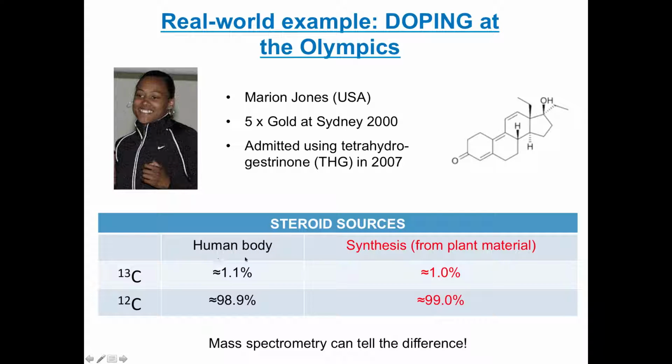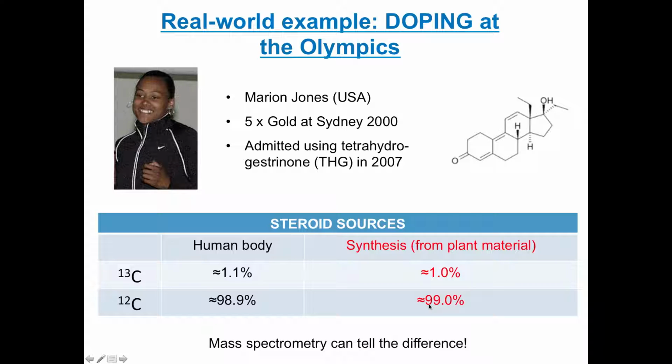It turns out that in the human body, we naturally produce steroids like this. And the steroids that we make naturally contain about 98.9% carbon-12 and 1.1% carbon-13. That's the natural abundance of carbon-12 and carbon-13 in our body. If you're doping, you're taking steroids that are likely originally from plant material, and from plant material, the isotope pattern is slightly different.